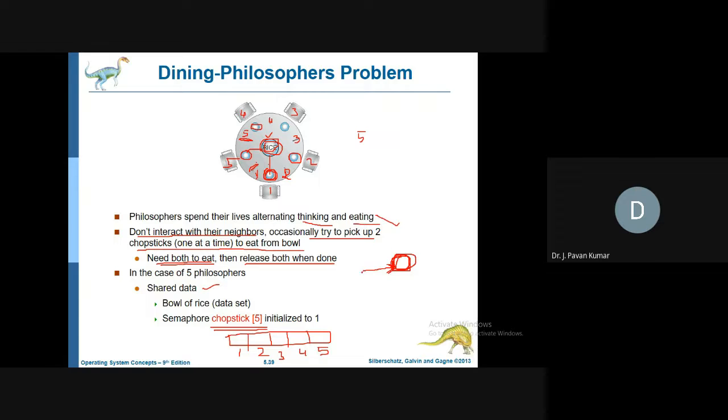While entering into the critical section, every process needs to check the semaphore value. If it is greater than 0, then only it will enter into the critical section. While coming out of the critical section, it has to increment that semaphore value. By that, we are able to maintain mutual exclusion within the critical section. That is the intention of using a semaphore, isn't it? Yes.